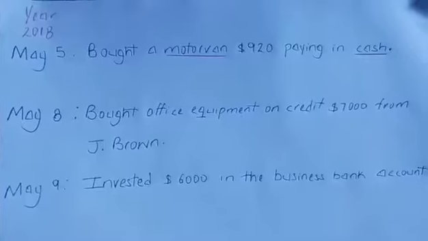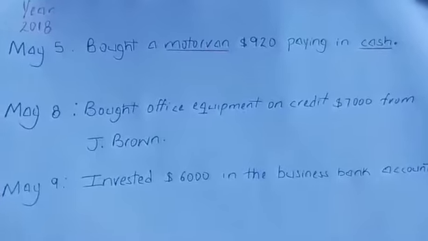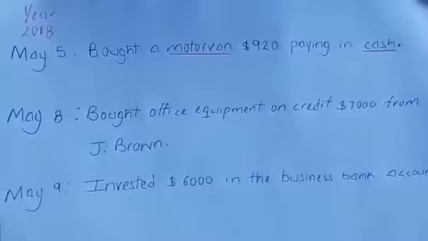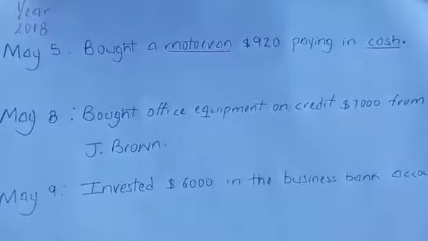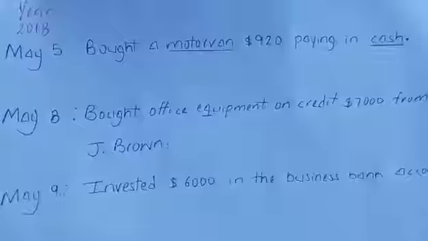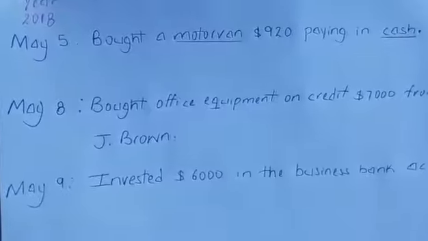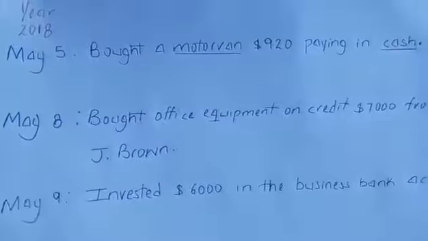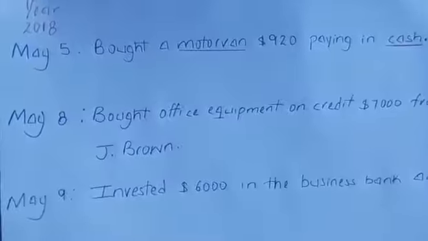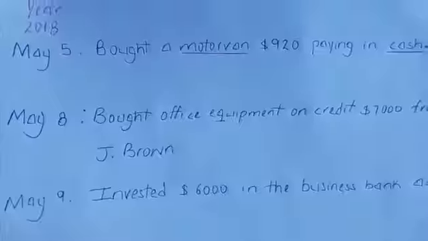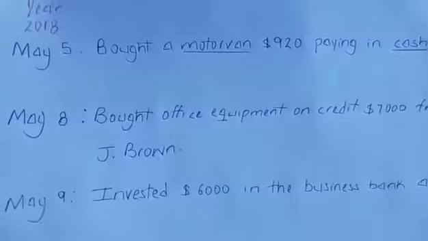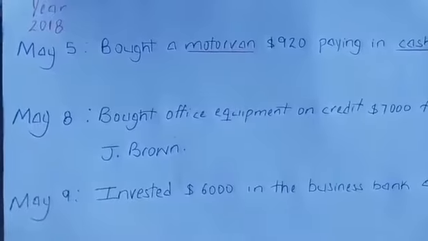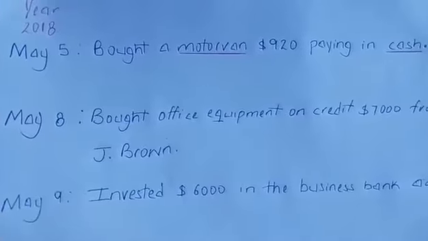After identifying the two accounts that are affected, I now need to ask myself the question: are these accounts increasing or are they decreasing? After finding out if they are increasing or decreasing, I am going to put a small plus over the account that is increasing and a small minus over the account that is decreasing.